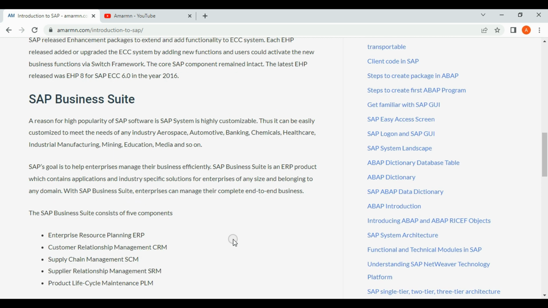Now it's important to understand what SAP Business Suite is. My SAP ERP is basically the product, a package.